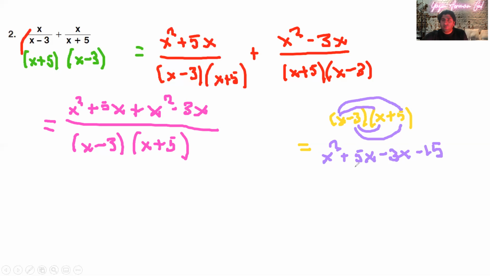Now, x squared plus 5x minus 3x minus 15. That equals to, right, 5x minus 3x will be 2x. So this is going to be x squared plus 2x minus 15.